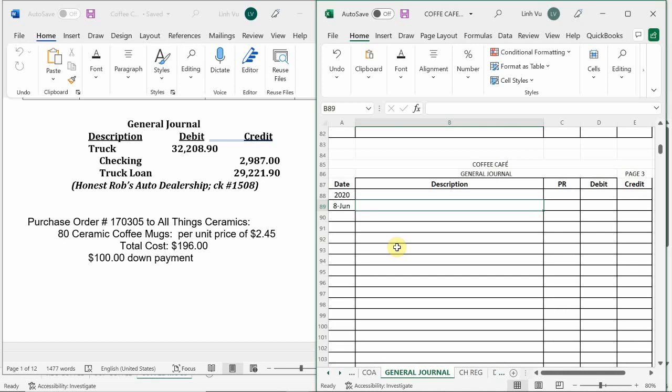Okay, so this vendor requires a down payment. So how do I record a down payment?